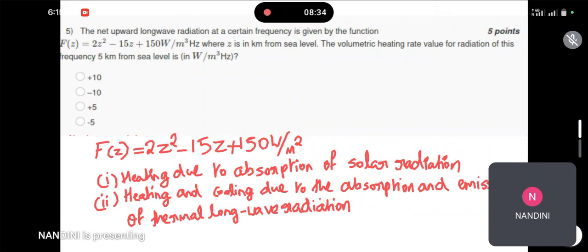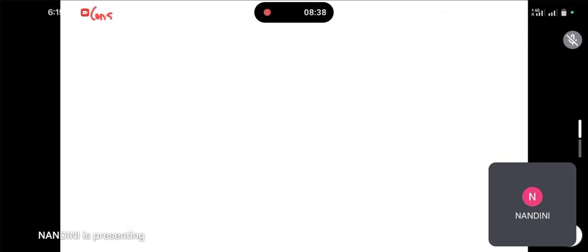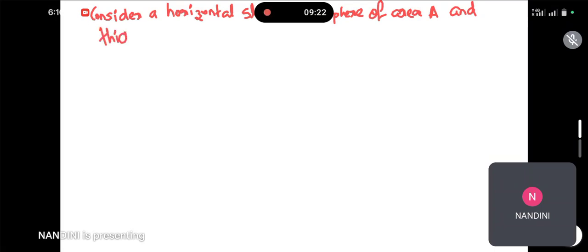So let's consider a horizontal slab of atmosphere of area A and thickness delta Z at a height Z from the surface.